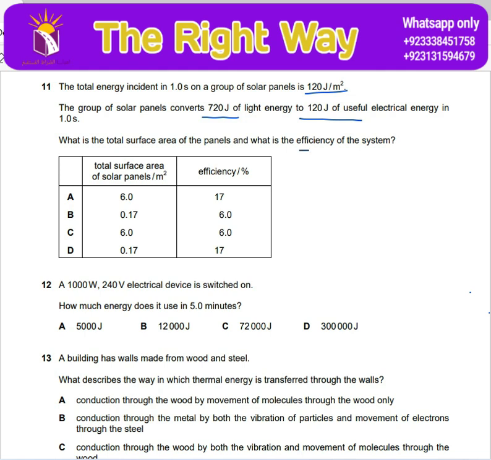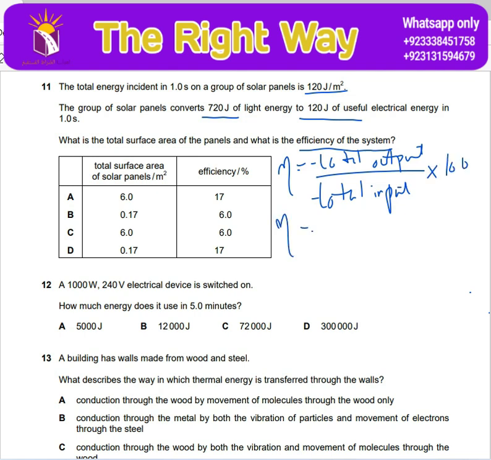Okay, first of all we are going to find the efficiency, and efficiency is equal to total output divided by total input multiplied by 100, and efficiency will become 120 divided by 720 multiplied by 100, which is approximately 17%, because its answer is 16.7%. So A or D could be the right answer.